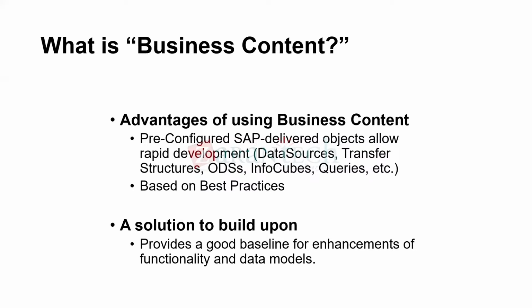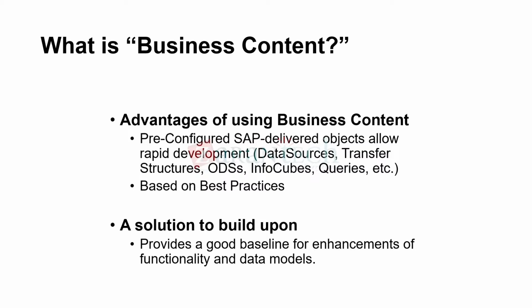In my previous slide, I have also mentioned business content. We will go through this particular topic. It's a big topic in itself. As I said, the biggest selling point of BW was that it had a feature to quickly deliver and build reports in BW compared to other tools.